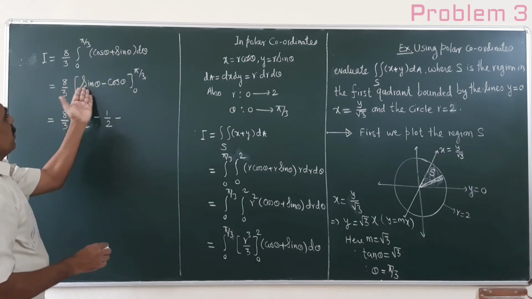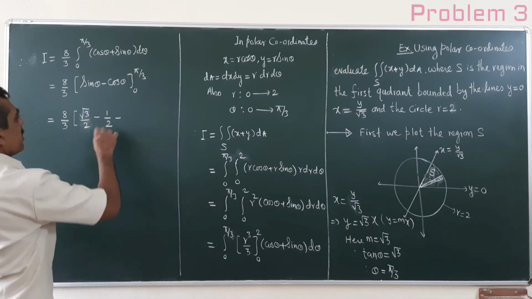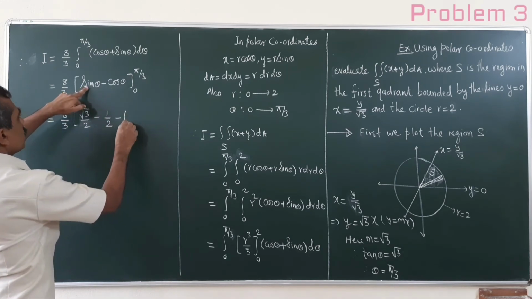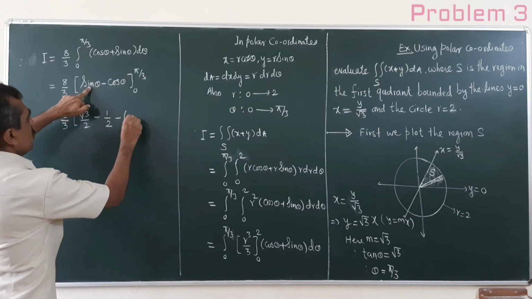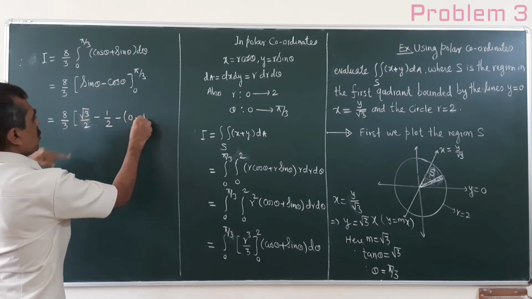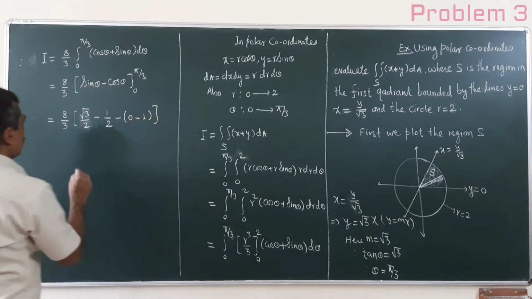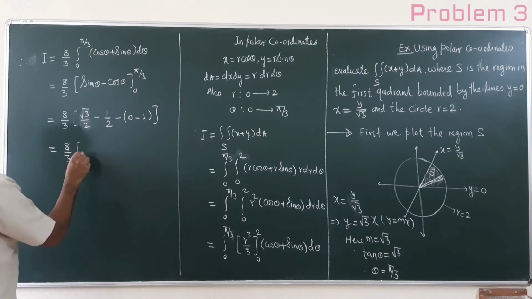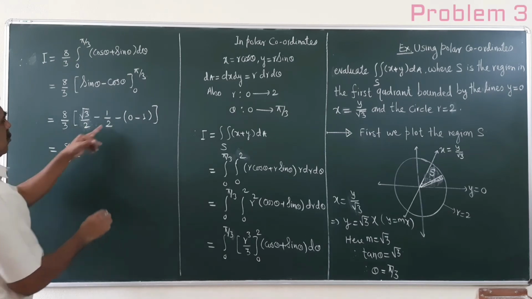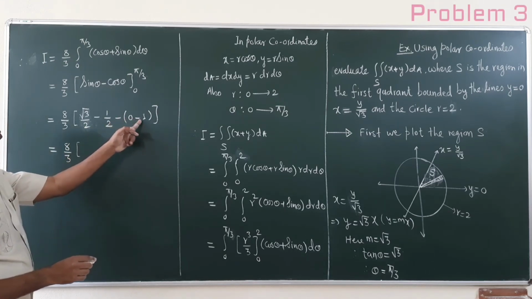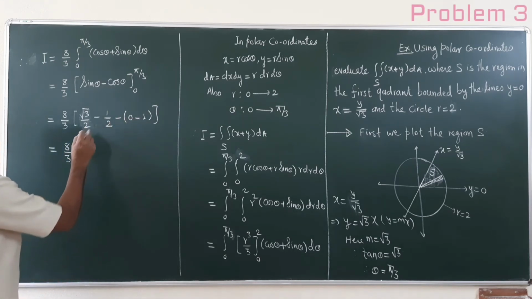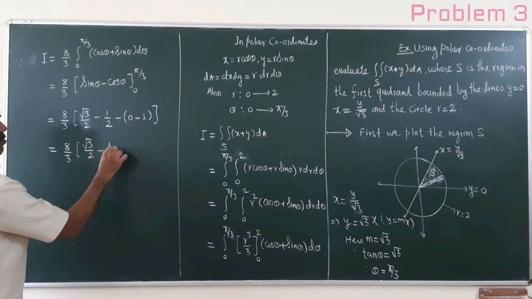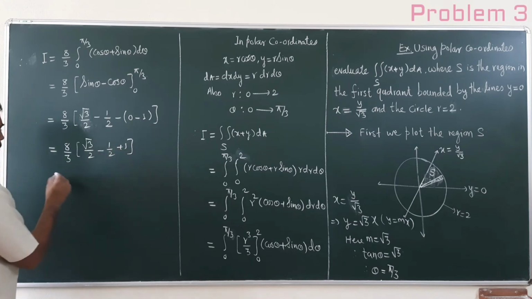So sin pi by 3 minus cos pi by 3 minus, now, sin 0 minus cos 0 is minus 1. So what you have is this. So 8 by 3 into bracket, this minus will become plus 1. So we will simplify this: root 3 by 2 minus half plus 1.